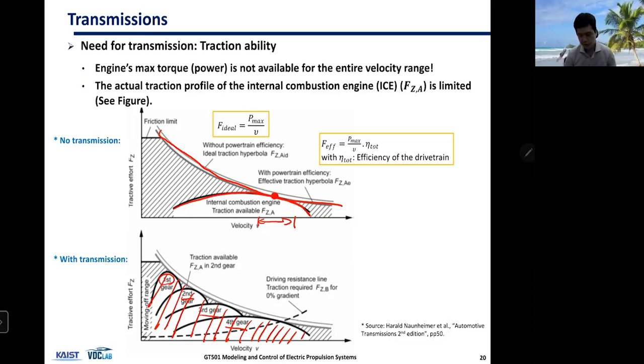So what happens? Let's take a look at this from another extreme side. Let's say you designed a gear and you wanted to maximize your traction force, you would use a higher gear ratio, and that would be, let's say, first gear.